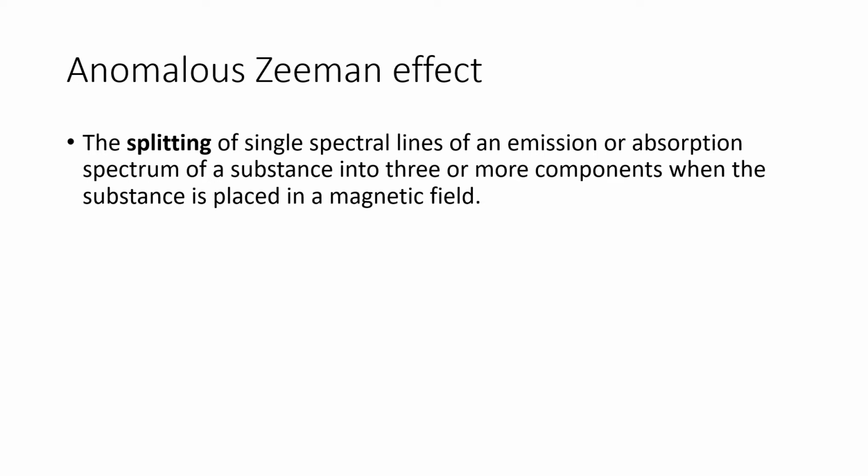However, the anomalous Zeeman effect is a little bit different. The anomalous Zeeman effect is about the splitting of spectral lines of an emission or absorption spectrum into three or more components when placed in a magnetic field. It is very interesting to note that initially we talked about splitting in two, and this is due to plus and minus.